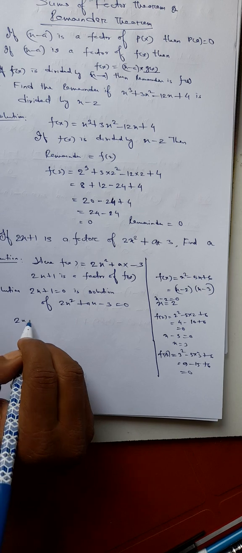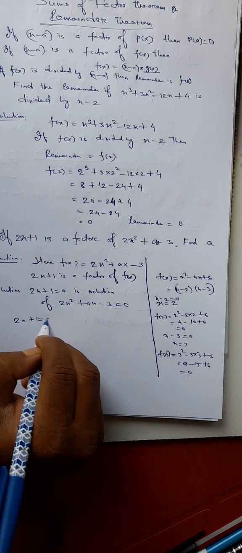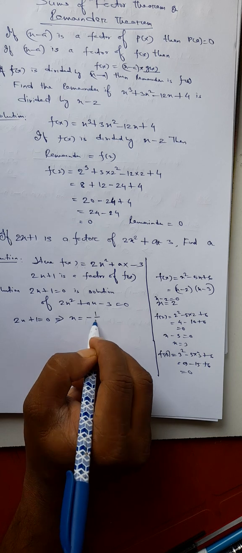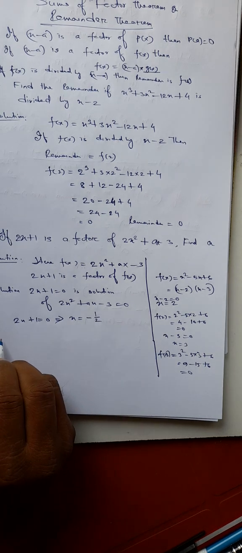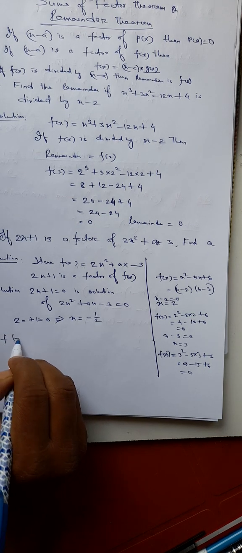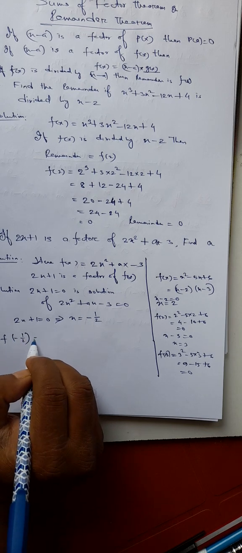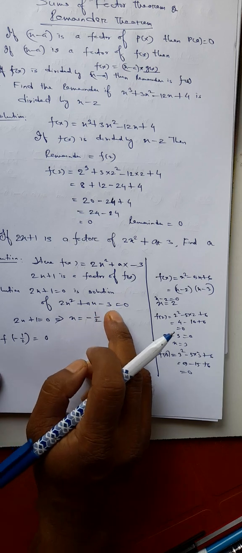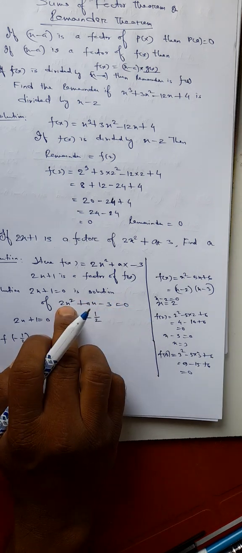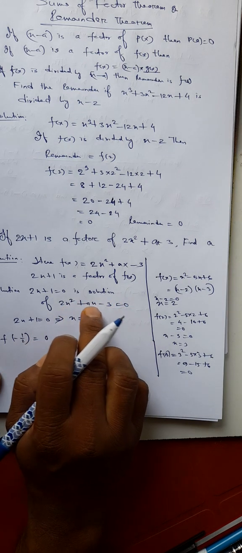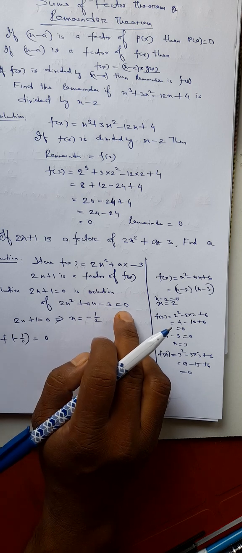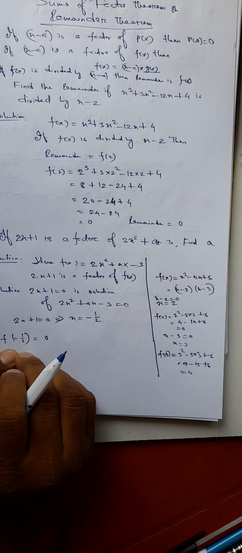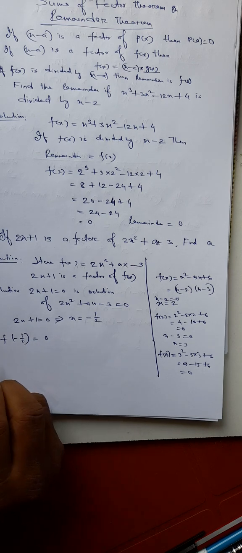Therefore, 2x plus 1 equal to 0 implies that x equals minus 1 by 2. Now, f(minus 1 by 2) equals 0. The solution of this equation is also a solution of the equation obtained by comparing this polynomial with right hand side 0. Now what is f(minus half)?